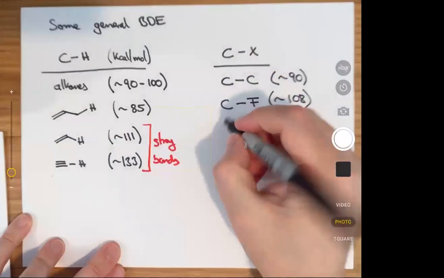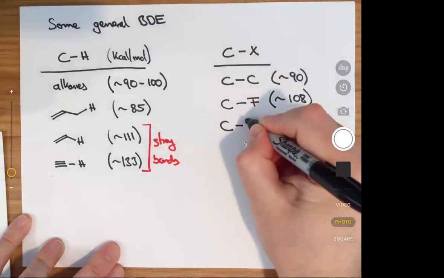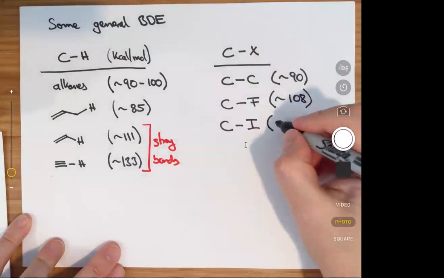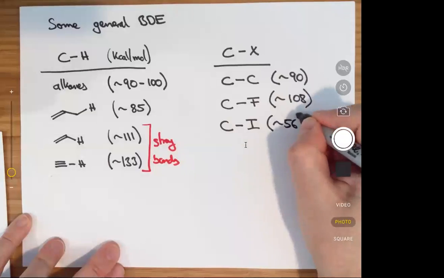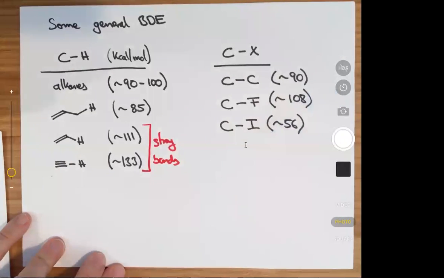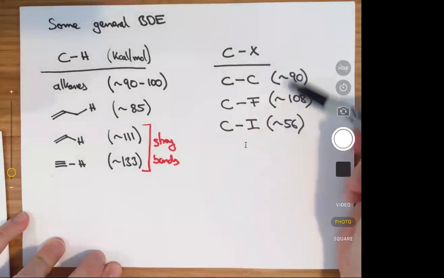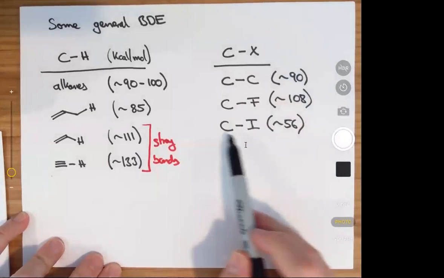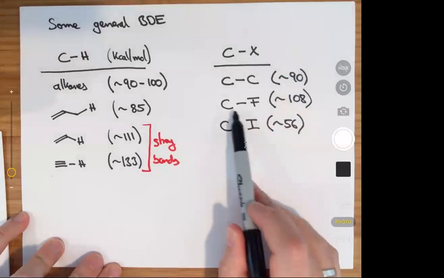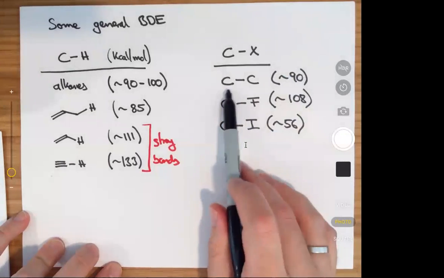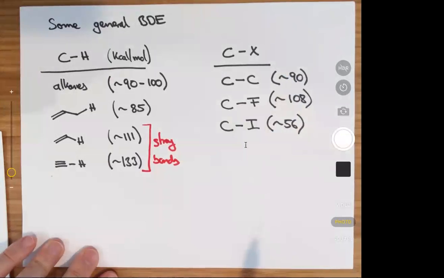And a CI bond is actually weaker, about just 56 kilocalories per mole. This gives you a range of possible fragmentations, some easier than others. A CI bond, for example, is easier to cleave than a CF bond or a CC bond.